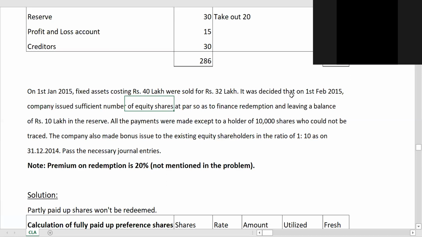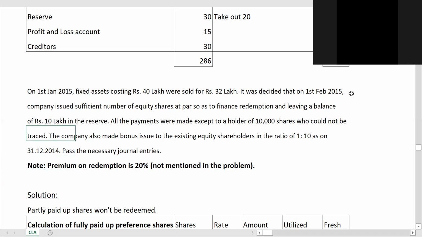They have issued equity shares on 1st February 2015, and only after that they have redeemed, isn't it? Which is why it fully points that it is just a date error. It should be 2015 actually.